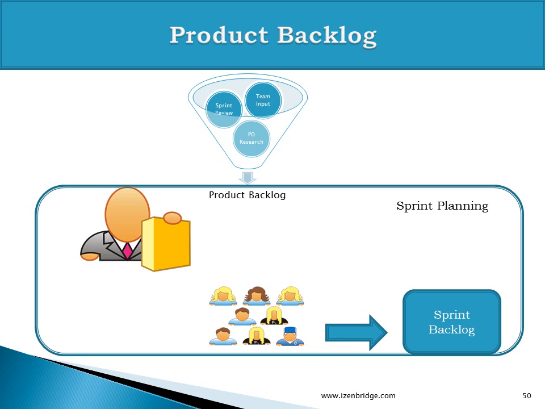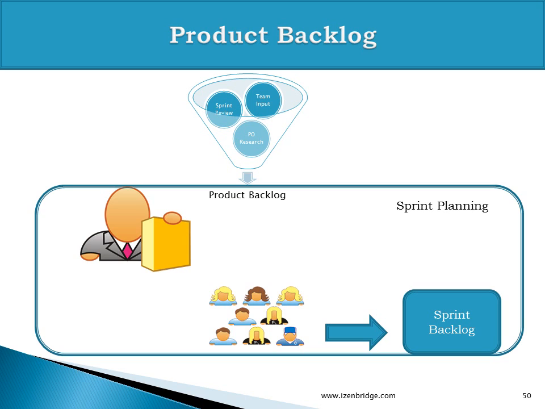During the sprint review, or during the course of discussions, or during the project life cycle, the product owner keeps getting various feedback on the desired features which the product should have. The product owner has a role to analyze all the feedback and enhancement inputs, and prioritize them for the team.